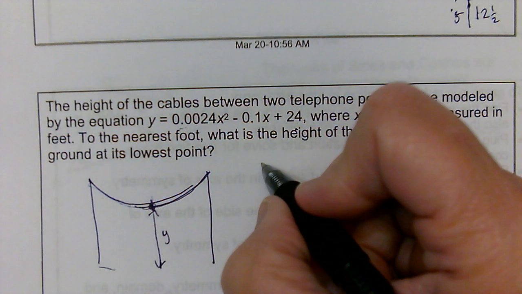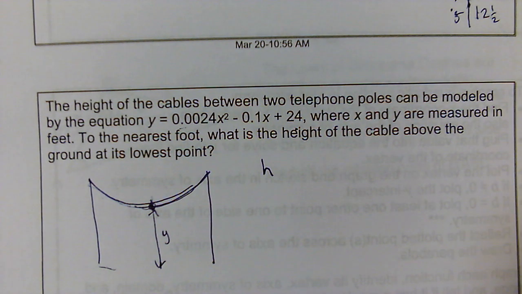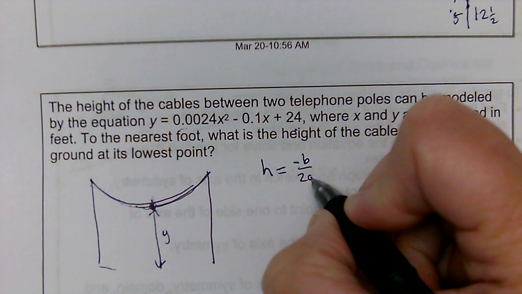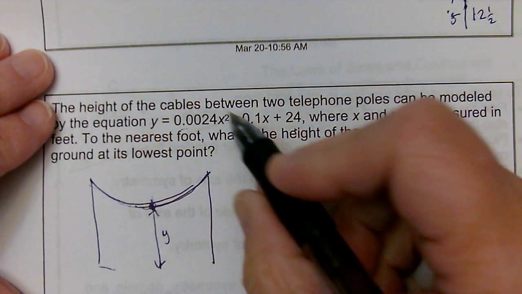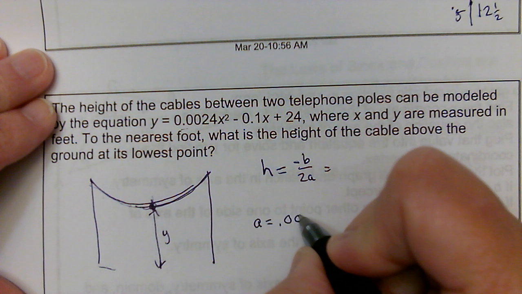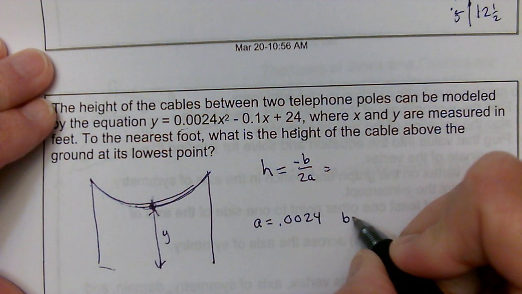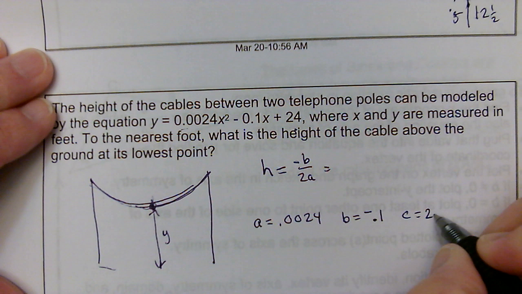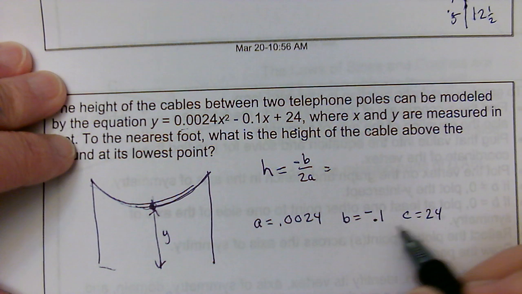Well, when we just talked about graphing, we learned that the x-coordinate of the vertex, which we call h, is negative b over 2a. So in our equation up here, a is 0.0024, b is negative 0.1, and c is 24.